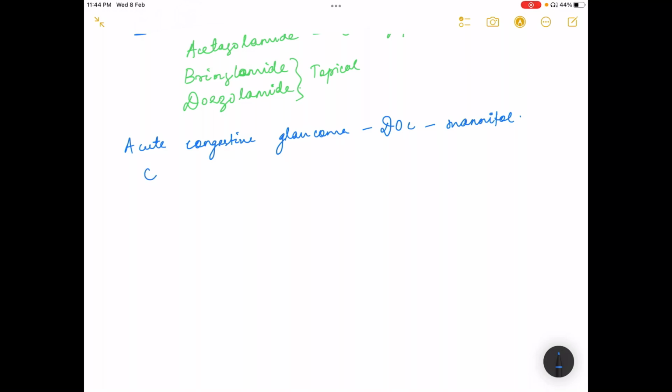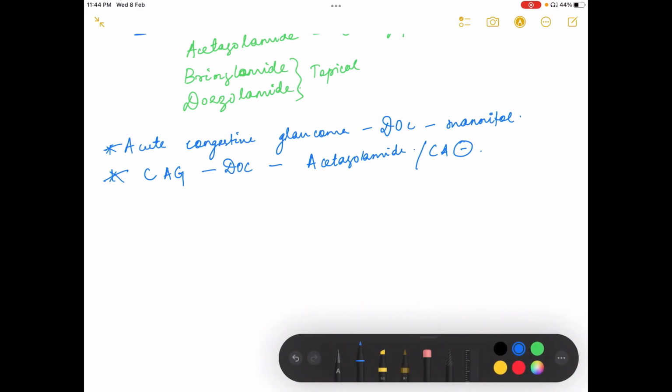But in closed angle glaucoma, the drug of choice is usually acetazolamide or a carbonic anhydrase inhibitor. So this has to be remembered: in acute congestive glaucoma, the drug of choice is mannitol, and in closed angle glaucoma, the drug of choice is a carbonic anhydrase inhibitor.